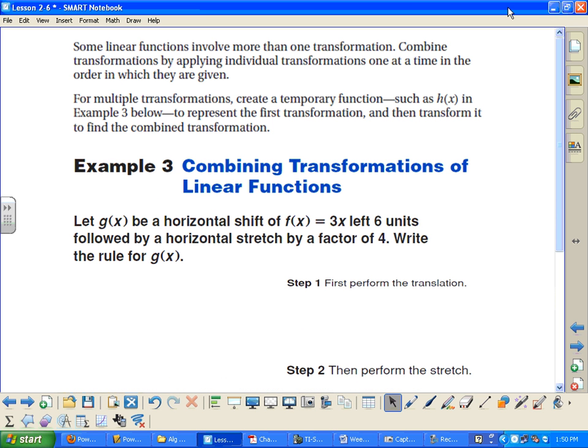Some linear functions involve more than one transformation. So we're going to combine transformations by applying individual transformations one at a time in the order in which they're given.